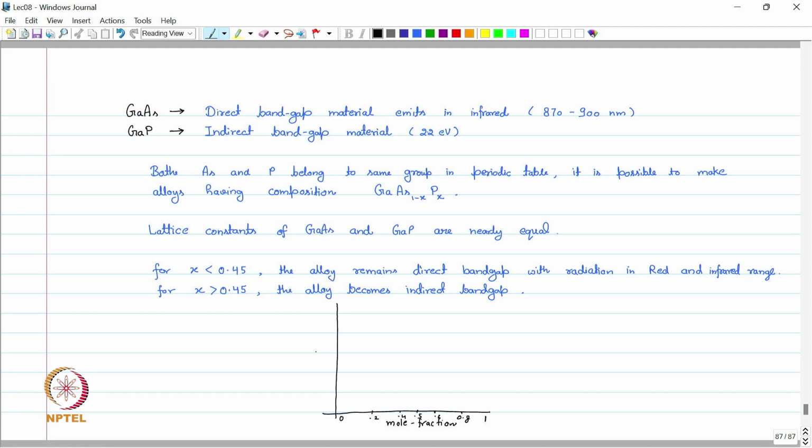And on the y-axis we have energy band or the band gap. It starts from typically, let's say, 1.4 to 2.6, and it's a linear graph.